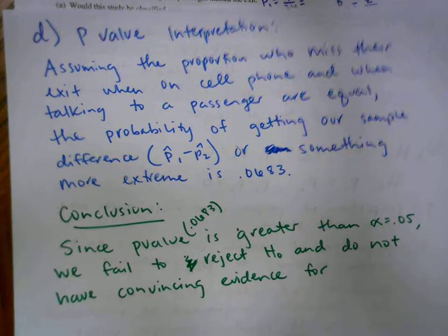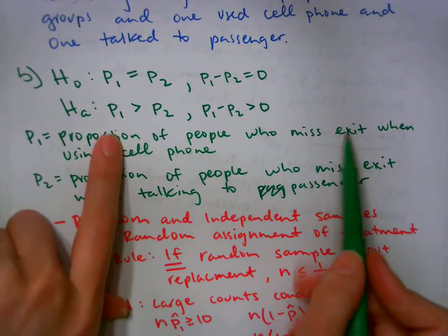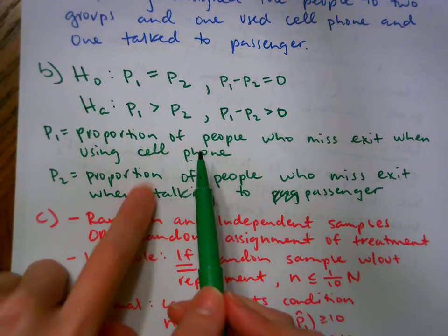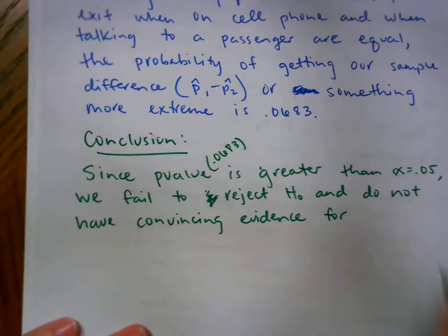What is HA? The proportion who missed the exit when using the cell phone is greater than the proportion who missed the exit when talking to a passenger.